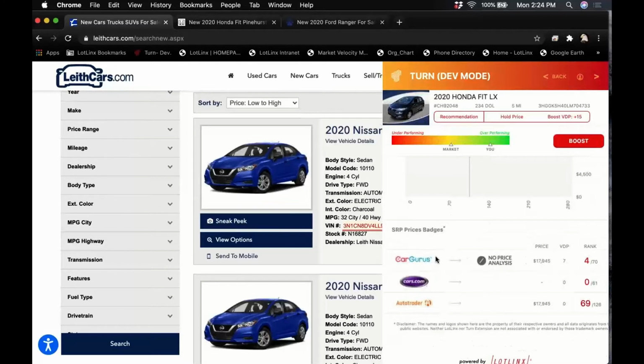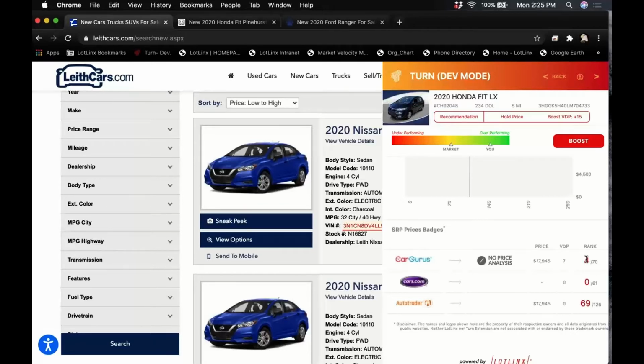Another nice feature of this is that Leith usually posts all of its cars on all three of these platforms: CarGurus, Cars.com, and AutoTrader. You can see that it's listed. This one is listed on CarGurus, and it's in the 4th position for year, make, model, location search for a 2020 Honda Fit LX in this market. So it's number 4 on the search results page out of 70 possible results.